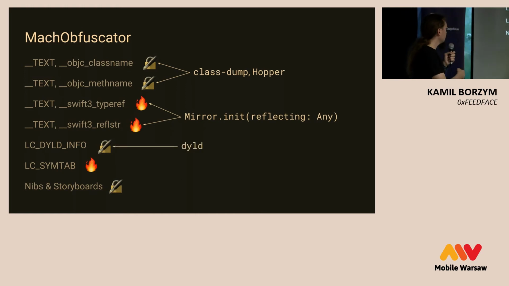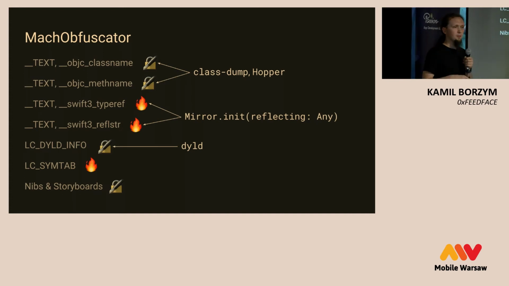Then, the load command dyld info, the one that points to the export trie and to the bindings. This is used by dyld. I don't know of any tool that uses information from that load command for static analysis, but it can be obfuscated, so why not? And the load command symtab. This load command has a pointer to the symbols table.